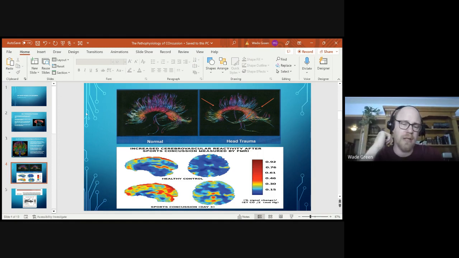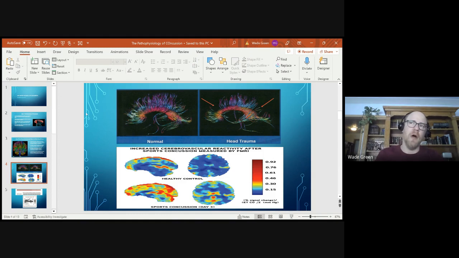This is really only in research centers and/or in academic medical centers where this is available. But yes, Drew, you can see by taking a look at the pictures here that it looks like a few of those fibers have been maybe damaged, or that there's almost even fewer of them. So there's definitely potentially some damage to these fibers, these projections from the thalamus, right?